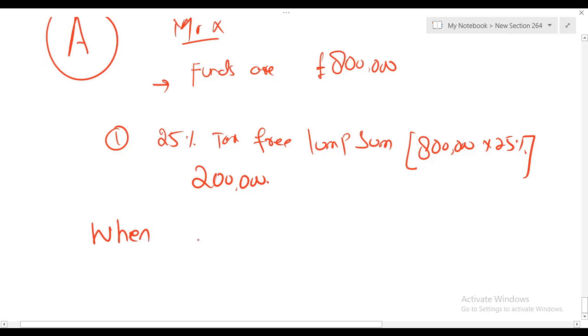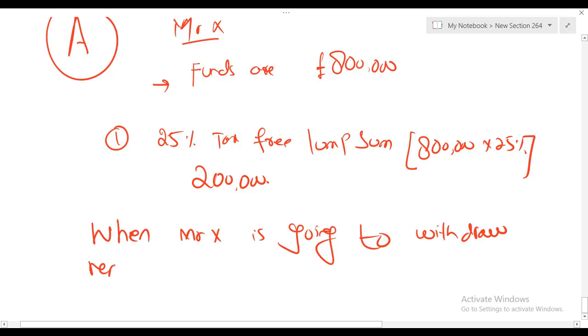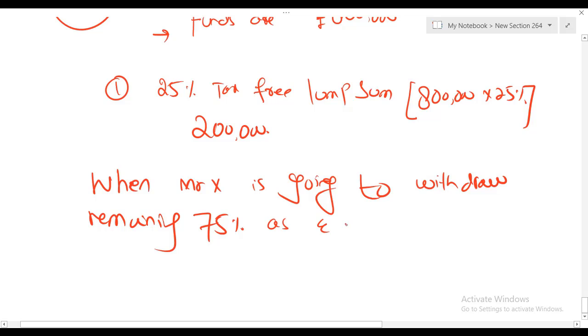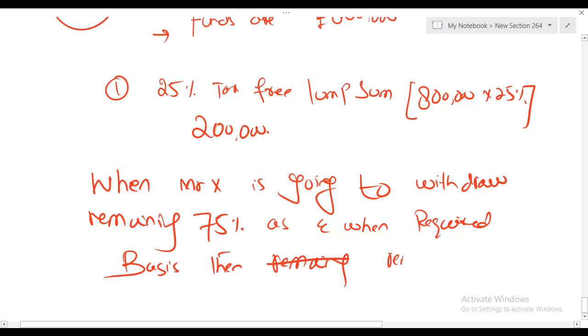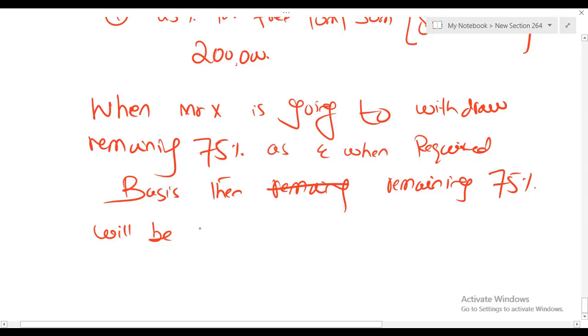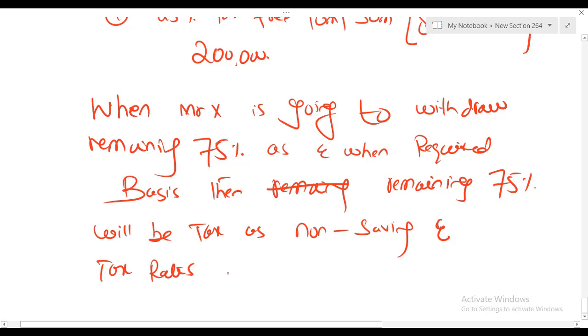When Mr. X is going to withdraw the remaining 75% as and when required basis, then the remaining 75% will be taxed as non-saving income, and tax rates would be 20, 40 and 45%.